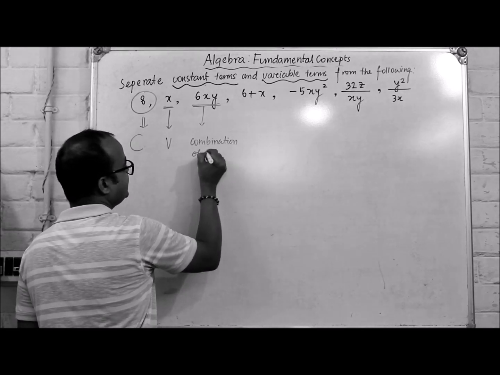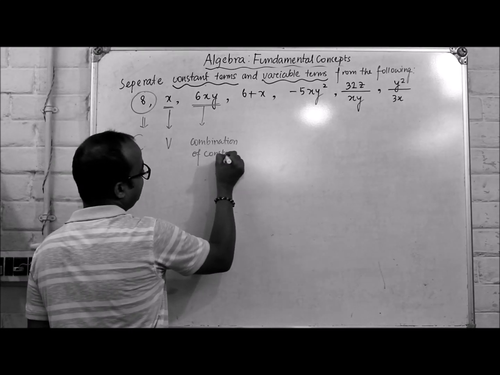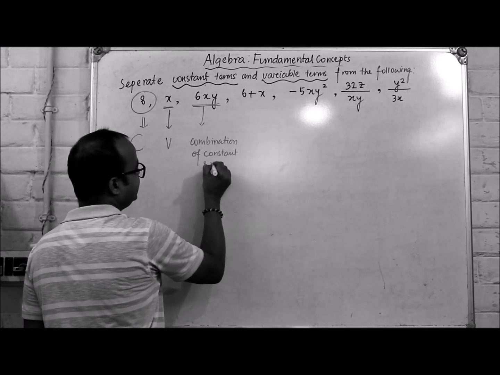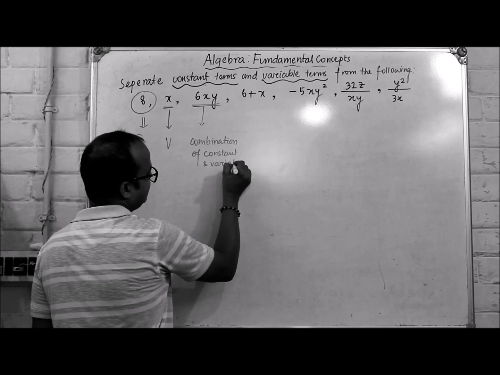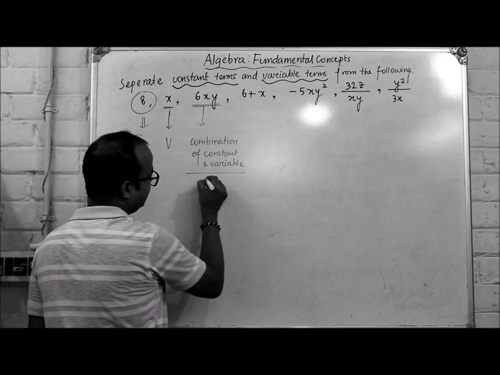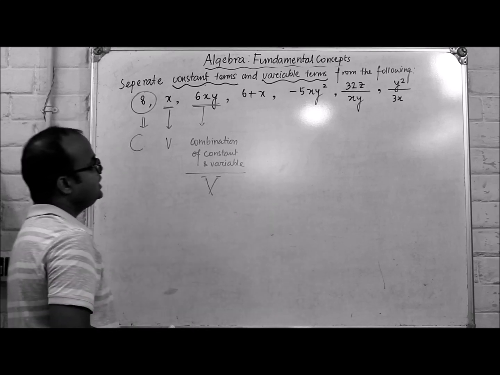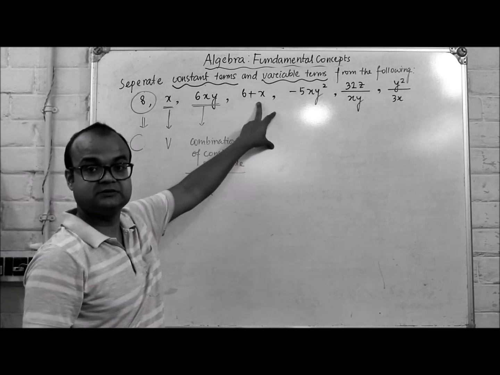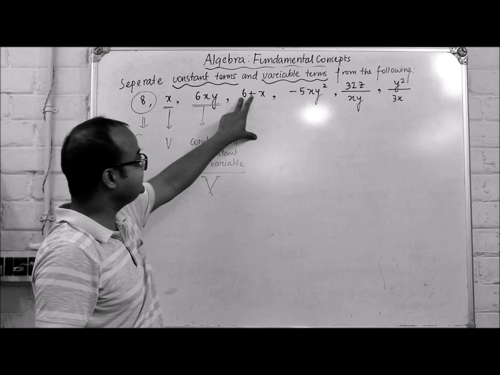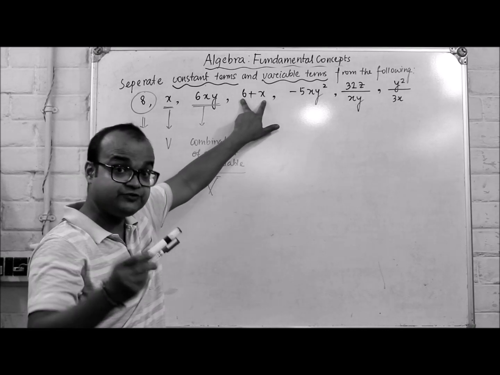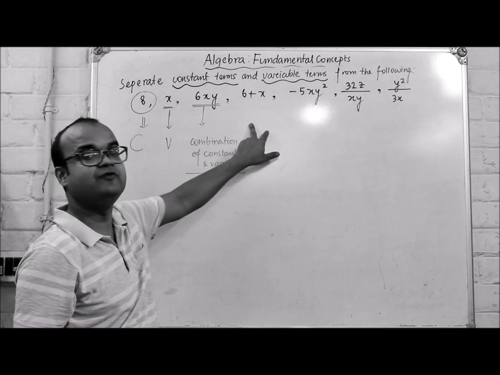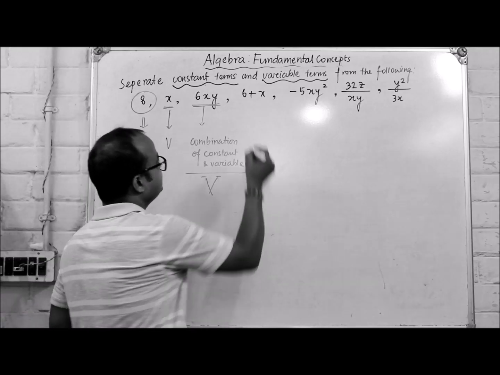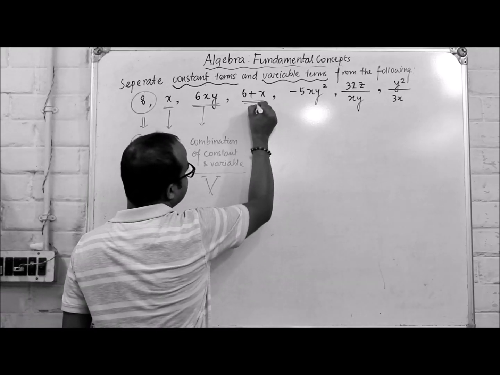So this is a variable. Clear? 6 plus x. It is a combination of constant and variable. So it is a variable. So this is also a variable.